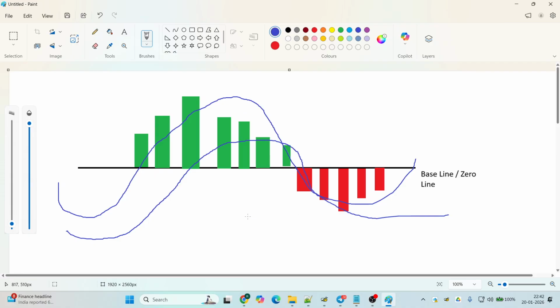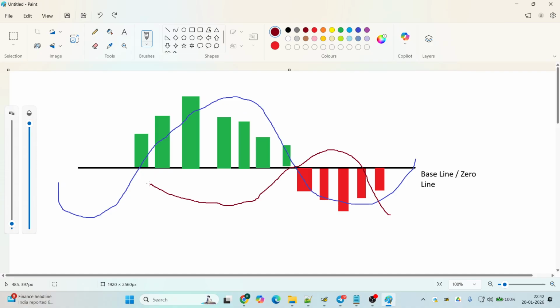I am not drawing it exactly. I'm just choosing a different color to differentiate. Just a rough idea, guys.